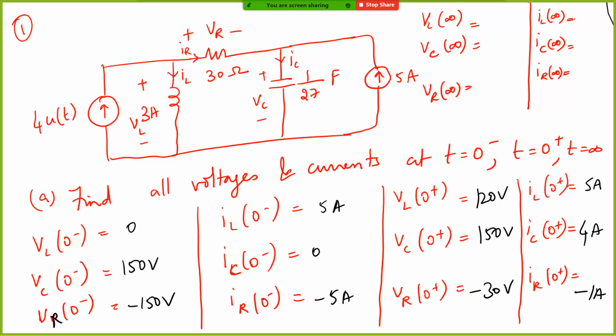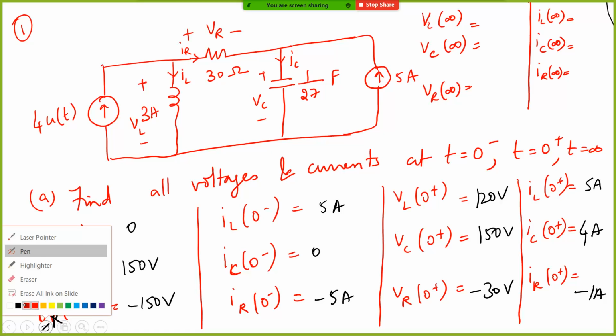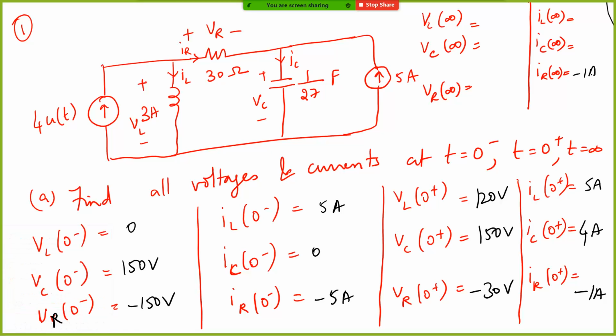So IR is -1. IC is 0. Shouldn't IR be -5? Yes, this 5 amp current source has nowhere to go.